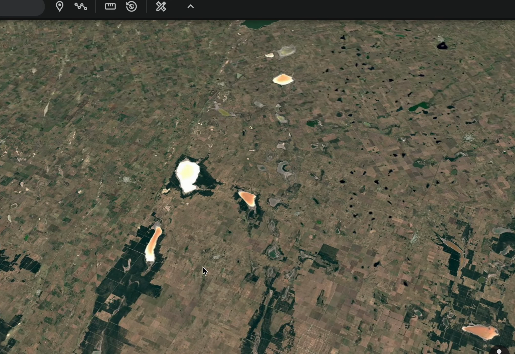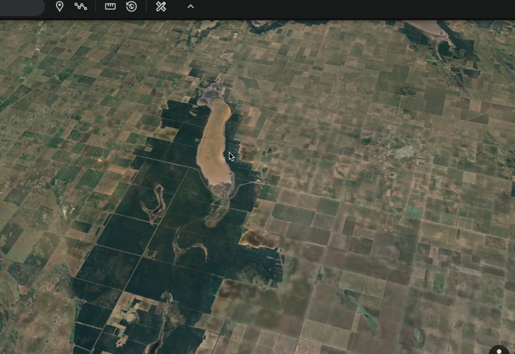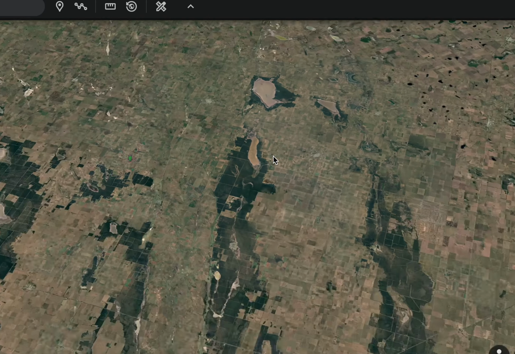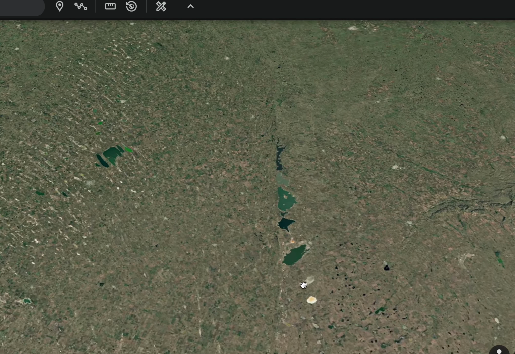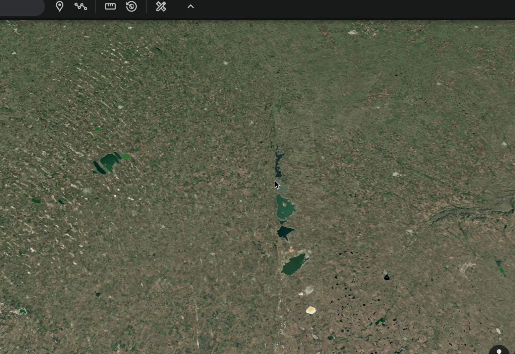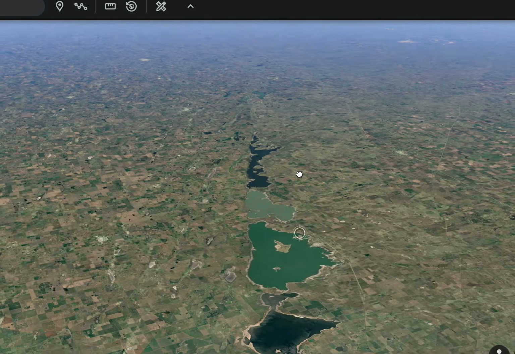And then see how this is like a river's rut. And this kind of looks like this was a trough here.